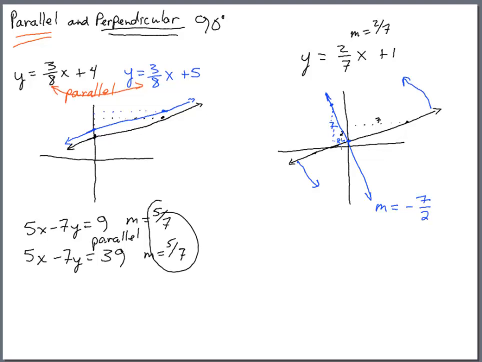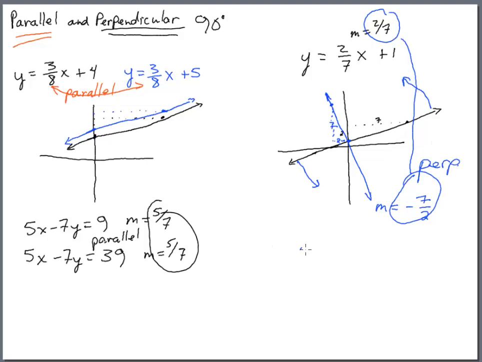It still has a 2 and a 7 in the ratio, but the 7, which used to be horizontal, is now vertical, and the 2, which used to be vertical, is now horizontal. So we have a slope of negative 7/2. So this guy and that guy, that's how you get perpendicular.